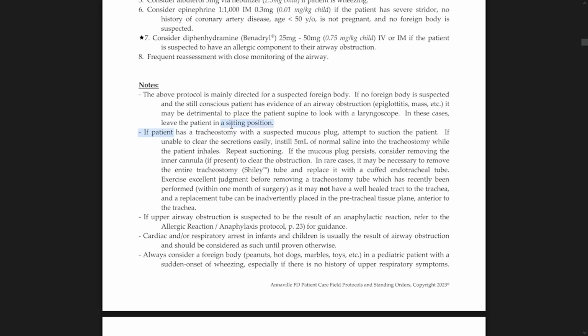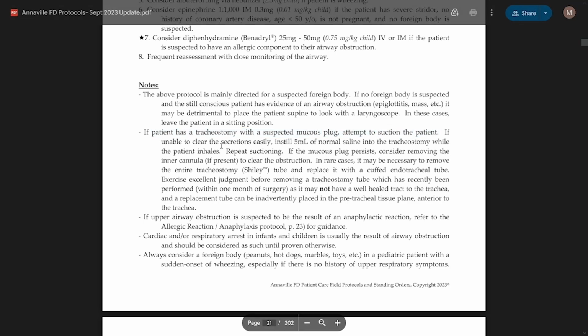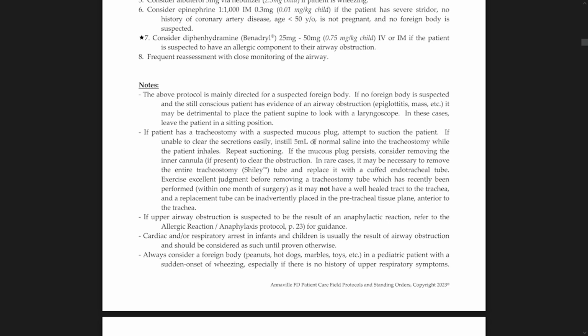If the patient has a tracheostomy with a suspected mucus plug, attempt to suction the patient. If you're unable to clear the secretions easily, instill 5 milliliters of normal saline into the tracheostomy while the patient inhales, and repeat suctioning. If the mucus plug persists, consider removing the inner cannula, if present, to clear the obstruction.